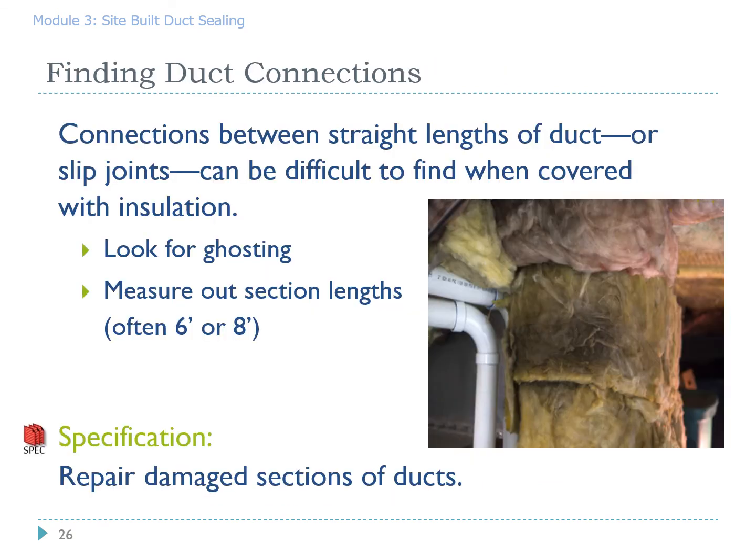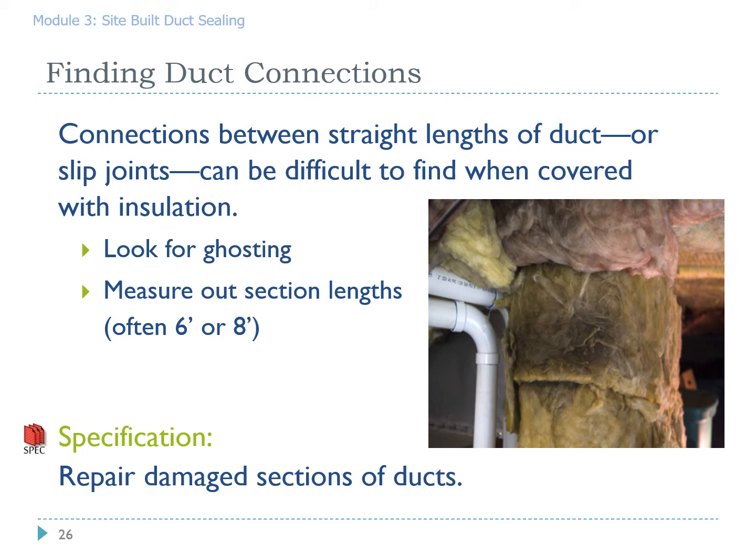Finding duct connections on sheet metal systems is not always easy. We have covered ghosting before, and as we can see in this picture right here, there's plenty of ghosting, and that's a good sign. Also, most sheet metal pipes come in 6 to 8 feet length, and once you find one, you can sort of crawl on down to the next section and find the next joint.